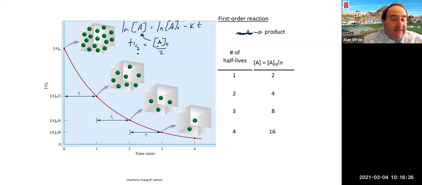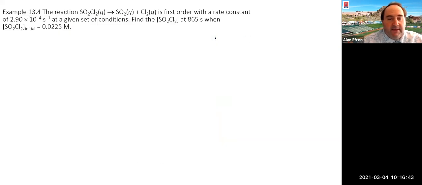Substitute that in, solve for t, and you'll eventually get the half-life equation. In practice, it's probably better to memorize it than derive it, but if you're good at math, you can derive it that way. So take a look at this one and see what you come up with.